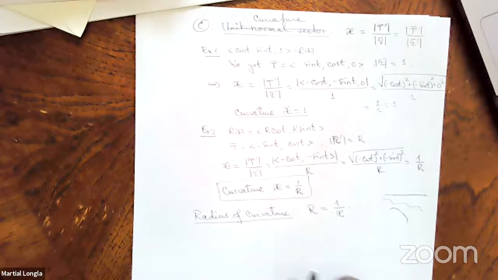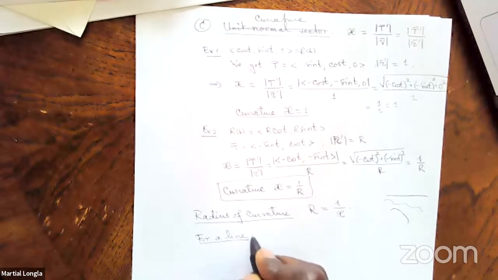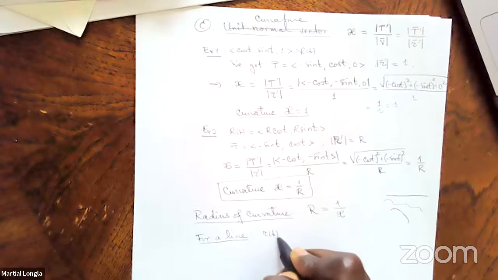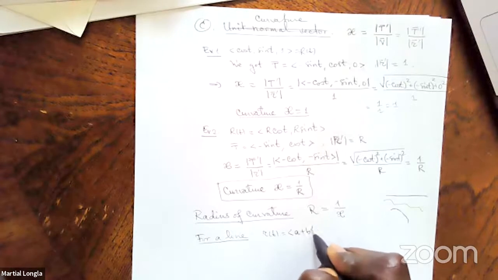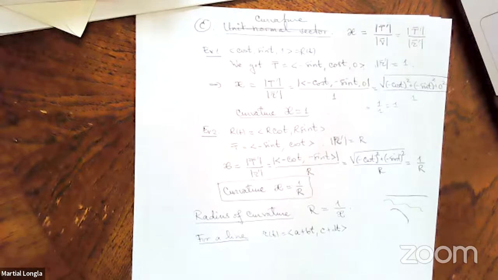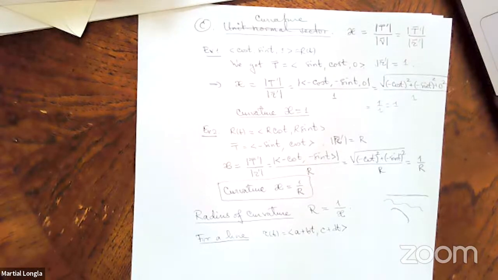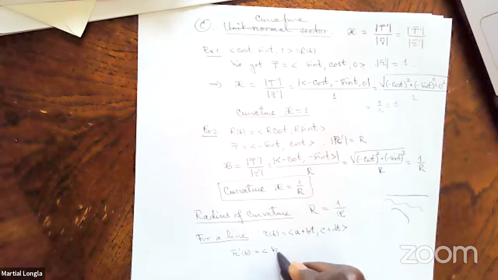Let me give you an example to explain what I just said. For a line, we define the line as r of t equals, let's say, a plus bt, c plus dt. This would be the equation of a line. Let's see what happens in this case for the curvature. What's r prime of t? r prime of t is b, d, right?